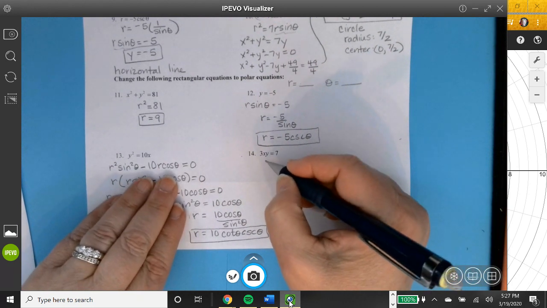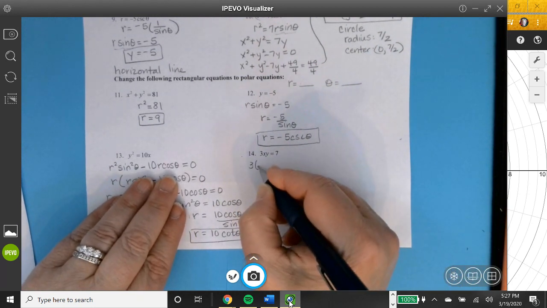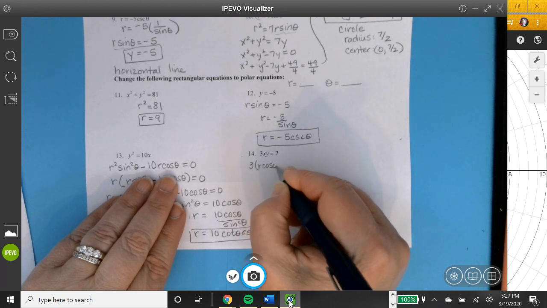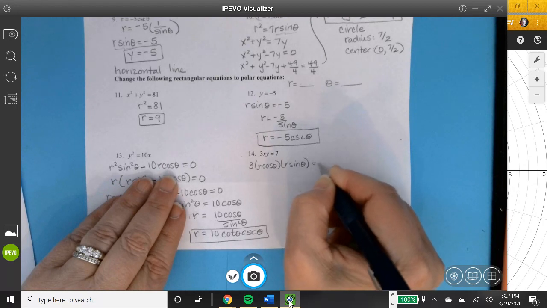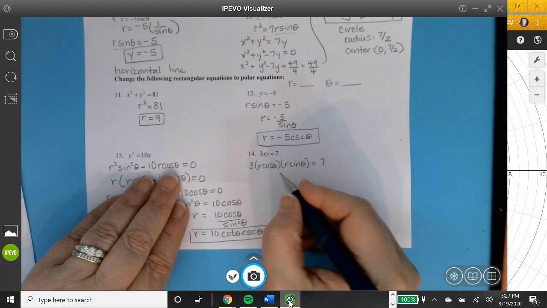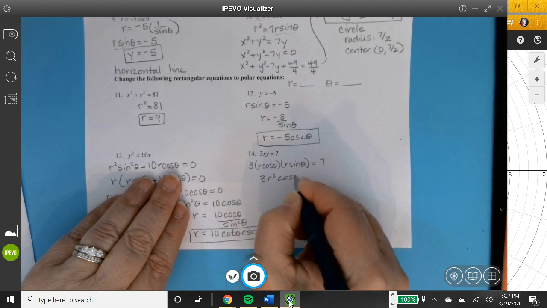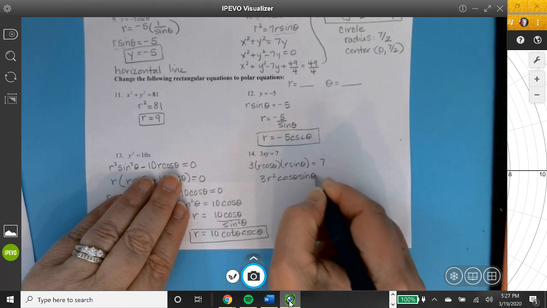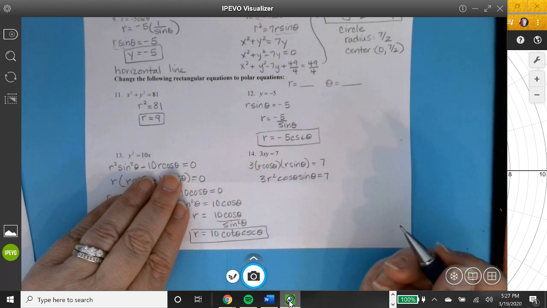3xy. Well, I'm going to substitute directly in for x and y, and so we're going to get 3 times r cosine theta times r sine theta, that's what y is, equals 7. And then we're going to multiply it out. And we're going to get 3r squared cosine theta sine theta equals 7. And I have to solve for r. Okay, so let's do that.